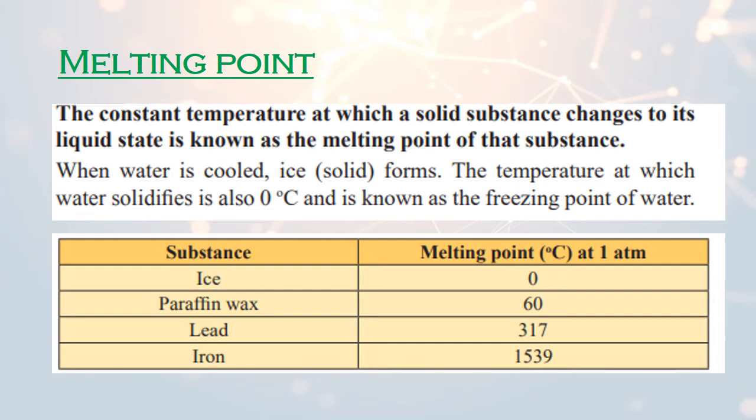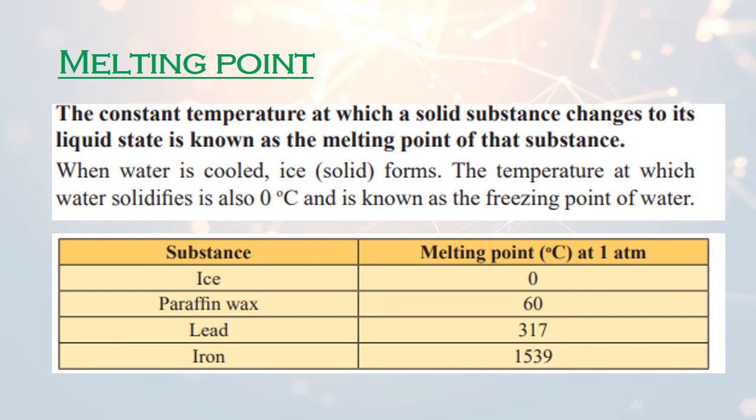For example, water exists in all three states: water vapor, the gaseous state; ice cube, the solid state; and liquid water. When liquid water is cooled or refrigerated, it changes its state to ice, that means solid.